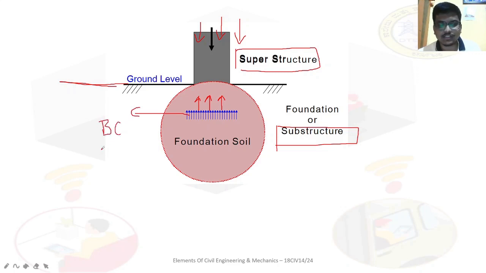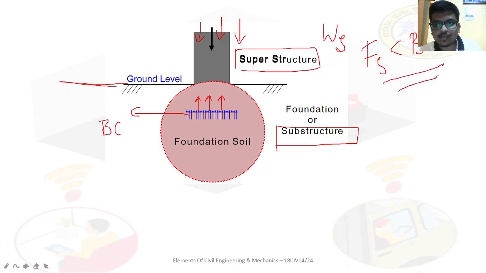This bearing capacity of the soil should be greater than the force it is withstanding. The force from the superstructure should be less than the bearing capacity of the soil, so that it is a safe condition.